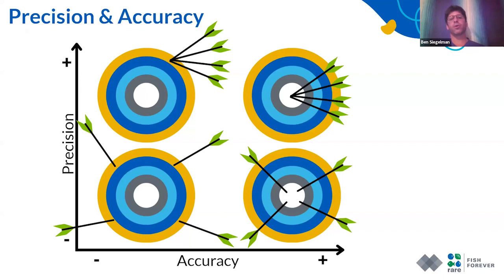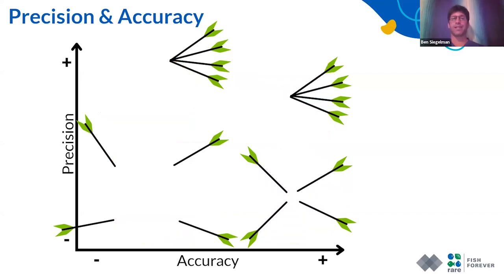And ultimately, our goal is what's happening in the top right, where all the arrows are being shot at the same place, and that place is the bullseye. This is extra important in a survey because in a survey, we have no idea where the targets are. So it looks a lot more like this when you get your data.